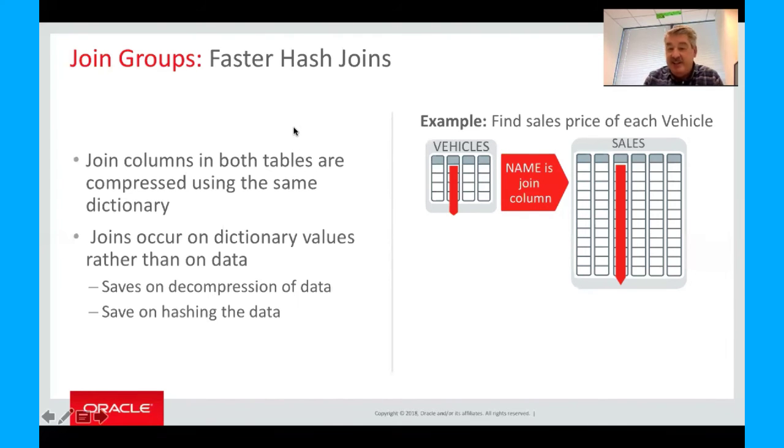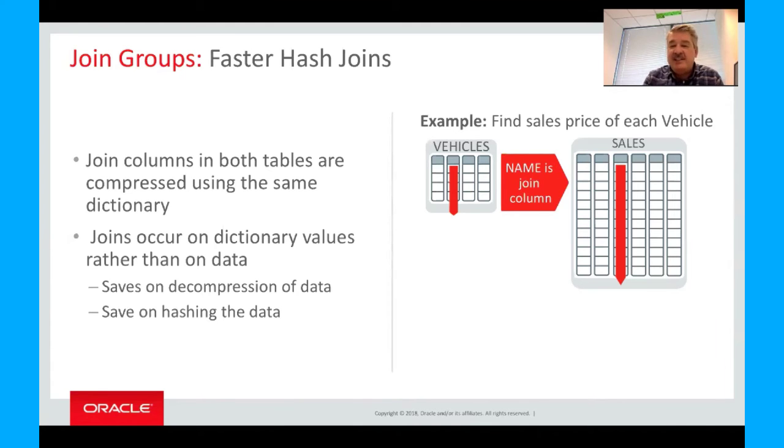And then I have another question that just came in. Now they're coming so fast, I can't keep up. So, are we referencing 18c? Actually, yes, but Database In-Memory was introduced in 12.1.0.2. And in 12.2, we added things like hash joins and in-memory expressions. And in 18c, we added further enhancements like in-memory dynamic scans.